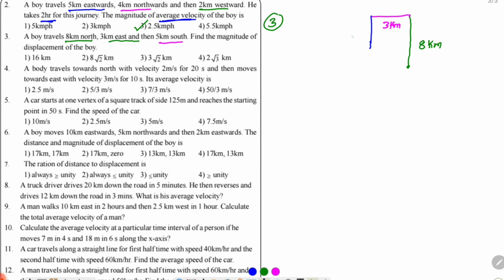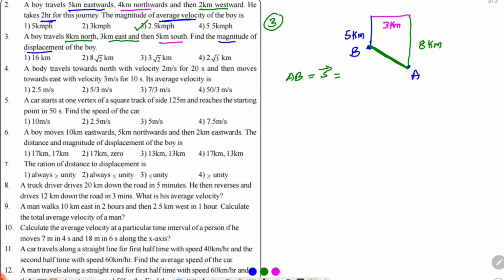So here A is the initial point, B is the final point. Find the magnitude of displacement. Magnitude of displacement is nothing but the length of the straight line connecting initial point and final point. So the length of AB is our displacement.